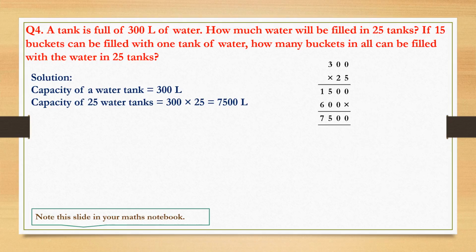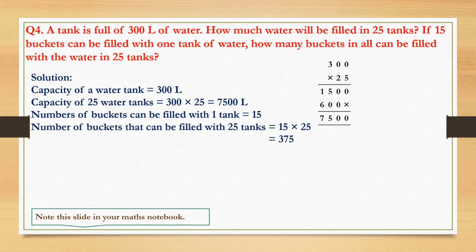if 15 buckets can be filled with one tank of water, okay, one tank is filling 15 buckets, so 25 tanks will fill how many buckets? So what we know is that the number of buckets that can be filled with one tank is 15, and the number of buckets that can be filled with 25 tanks is equal to 15 multiplied by 25.